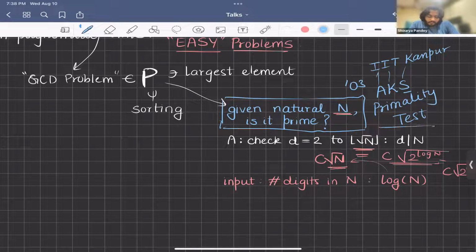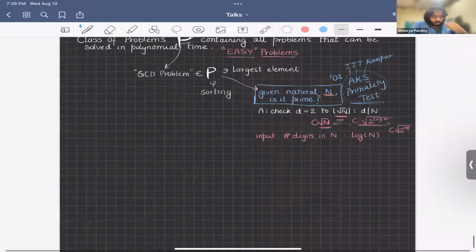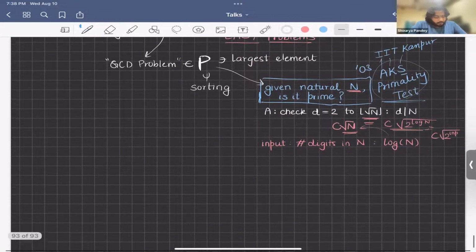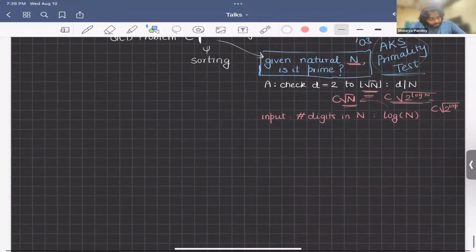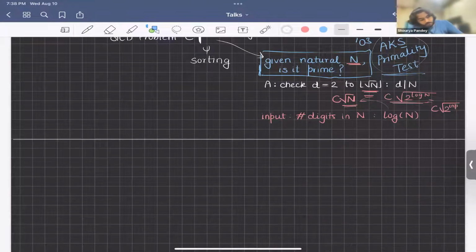It was just an incredible result, and this paper is something that you can understand by reading. It's very cool. It uses polynomials and factorization of polynomials. If you're really interested, you can give the paper a read. Okay, that's done.